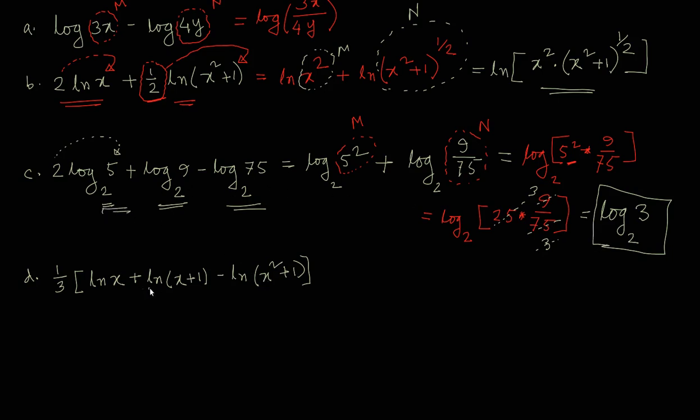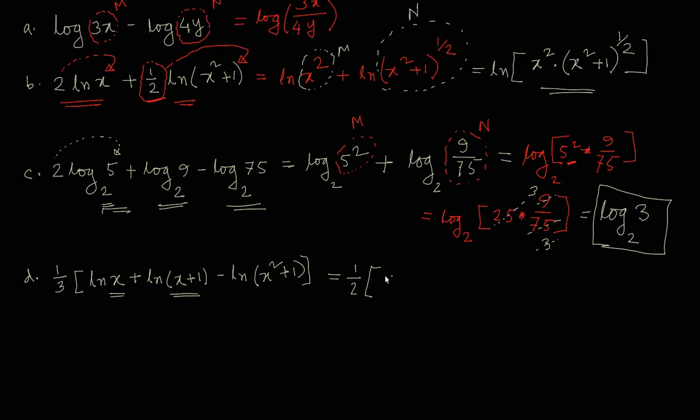So let us look at D. First of all, I'm going to write down 1/3 as it is. I'm not going to do anything. Now what I have here is logarithm of x plus logarithm of another quantity. This is going to be a product rule.